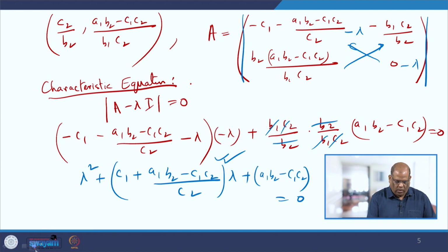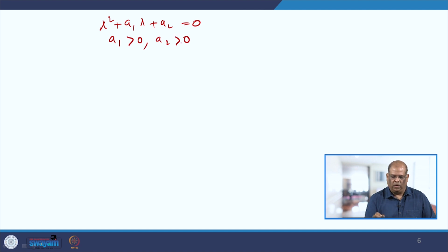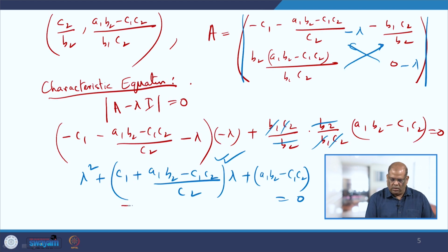If you recall, if your characteristic equation is of the form lambda square plus A1 lambda plus A2 equal to 0, then the condition for the system to be asymptotically stable is A1 positive and A2 positive. In this particular case, this is your A1 and this is your A2.